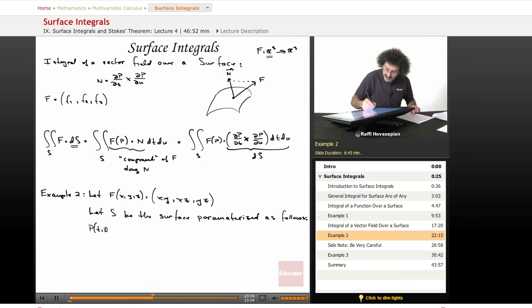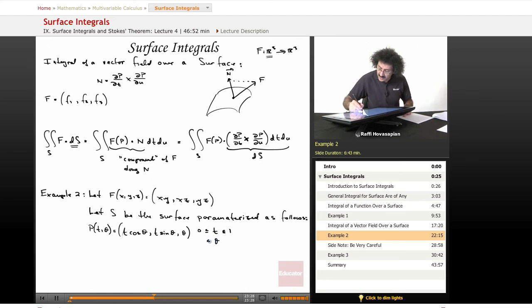P of t, theta is equal to t cosine theta, t sine theta, theta, where t is going to run from 0 to 1, and theta is going to run from 0 to 3 pi.